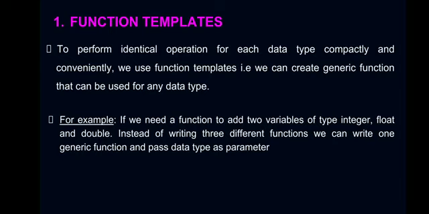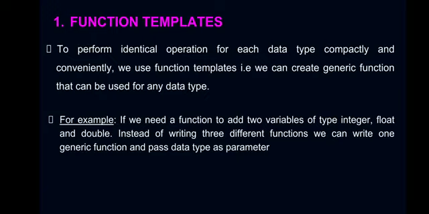When we are using a generic function, that means we will create the same function for all the data types. So here we'll have only one function code and we'll pass the data type as the parameter to the generic function. If I want to add two integers, I'll pass int as the data type.